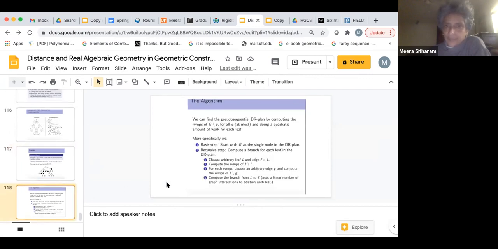So that gives the sketch of the entire algorithm, which is what I'm going to do next. We have to spend a little bit of time on this slide. The algorithm: we can find the pseudo-sequential DR plan by computing the rigid rumps of G difference E for all E. You don't necessarily have to do all E, but in the worst case, you do all E, doing a quadratic amount of work for each leaf. Here's the algorithm. You start with G as the single node in the DR plan. The recursive step is you compute a branch for each leaf in the DR plan.